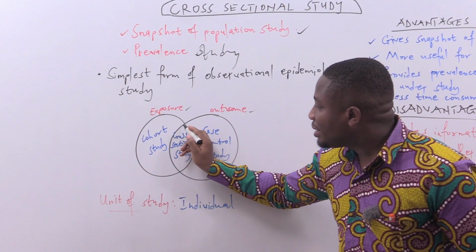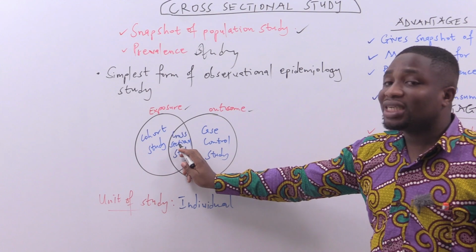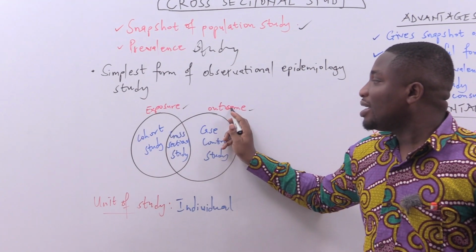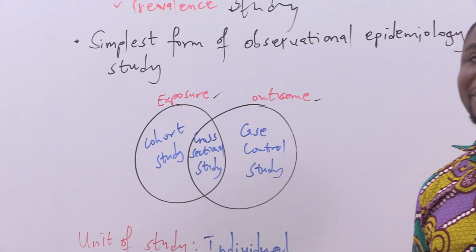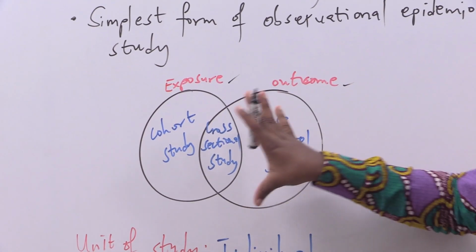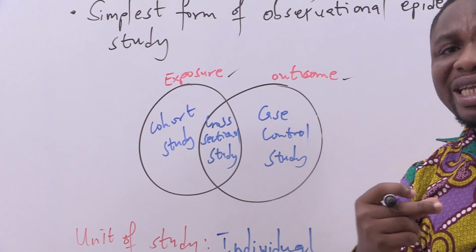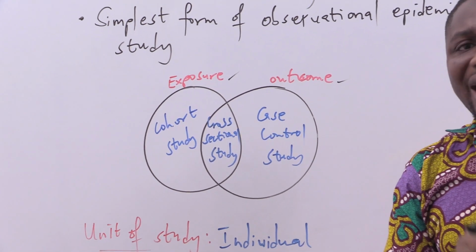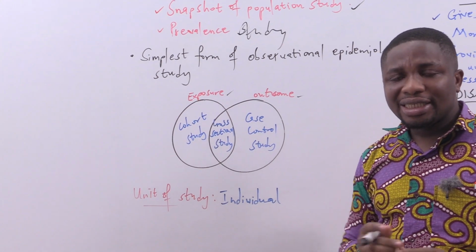Then if you come to the intersection region of the Venn diagram, we'll say it's cross-sectional study because both the exposure and the outcome are known at one point of time. So it becomes more like a picture. When you take a picture, everything becomes stationary and you are able to identify the risk, that is the exposure, and the outcome, that is the disease.